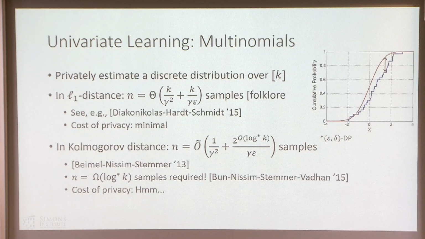I'm just translating this in my head from the version of these statements that I'm used to writing down. Yes, all right, I get it. Thanks. Cool. This works also for continuous distributions in the non-private case? Yeah, that's perhaps the most interesting part: even for continuous distributions you can approximate in Kolmogorov distance, but you can't in the private setting.